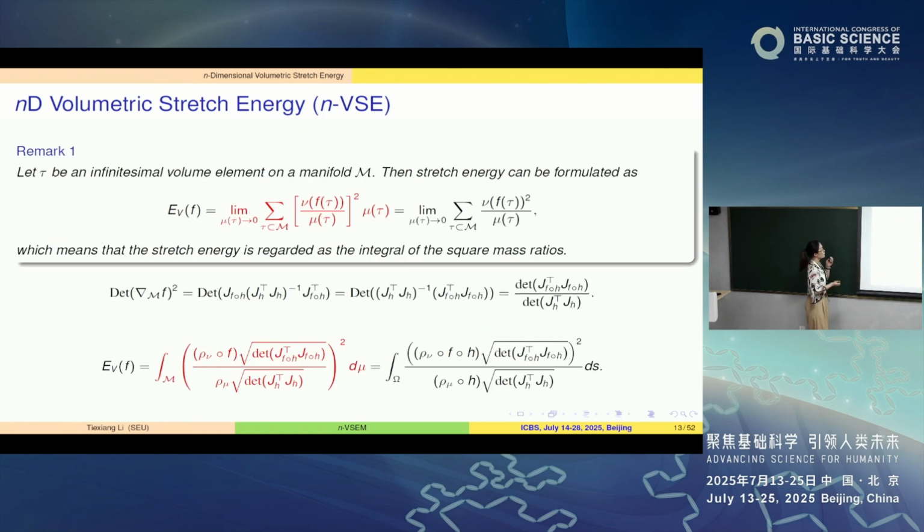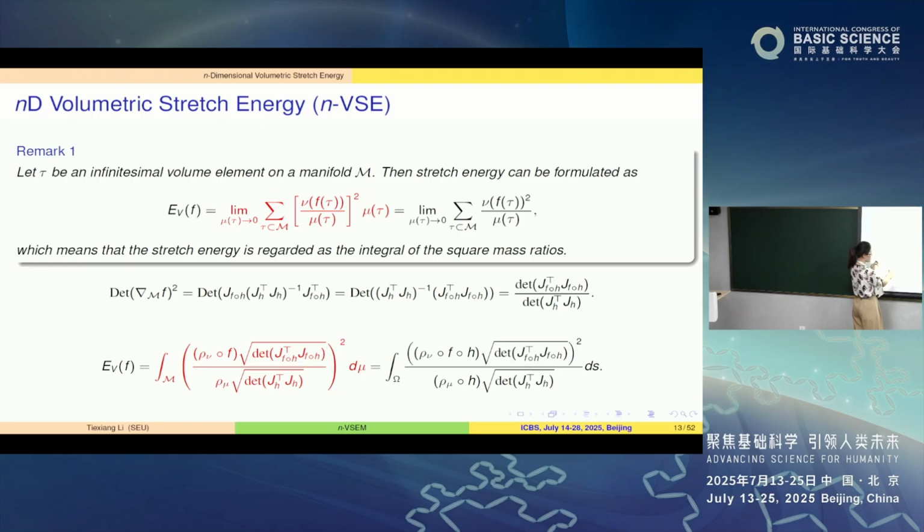So go on. Here we have a remark to explain the energy. Let tau be an infinitesimal volume element. Then the structure energy can be reformulated in this way, because we can rewrite this pseudo determinant in this way, and then we can write the energy in this way.